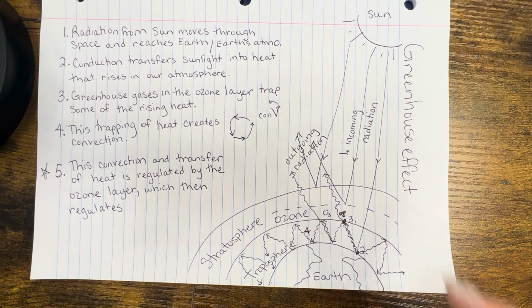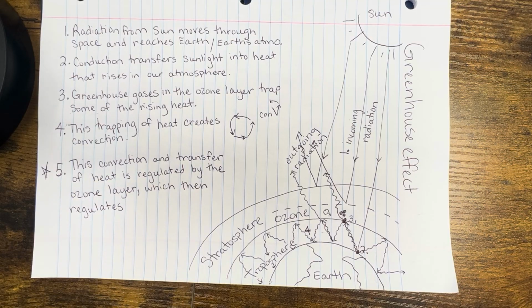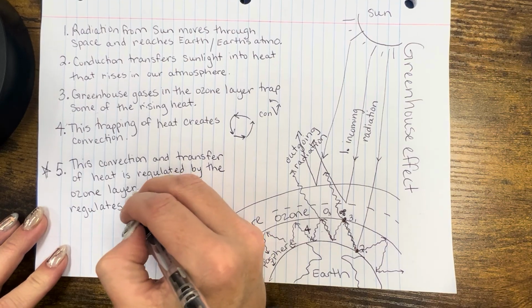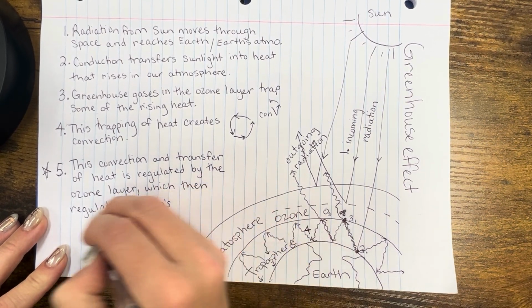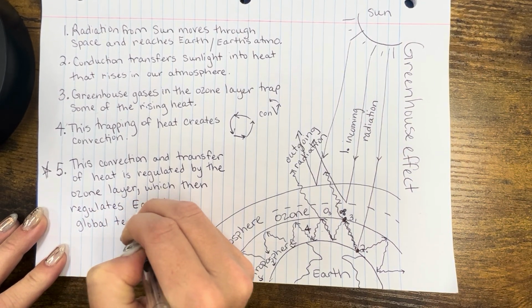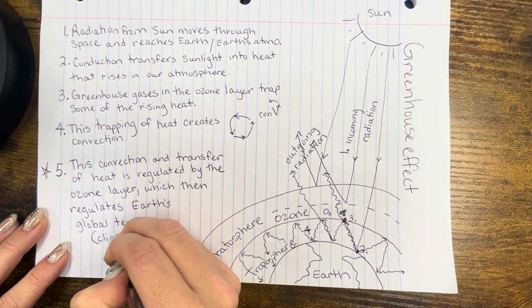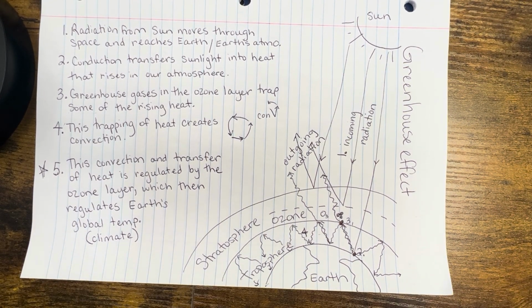Like the thermostat regulates the temperature in the house. The thermostat regulates the temperature in the classroom. When you set that thermostat, it controls how cold or how warm that area is getting. Okay. Regulates Earth's global temp. This global temp we're going to eventually know as climate. Okay?